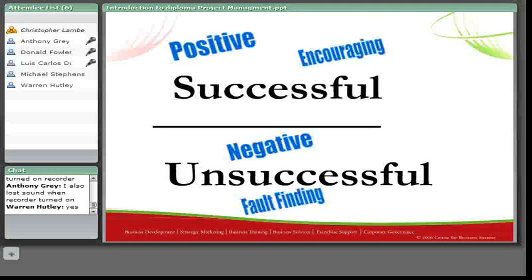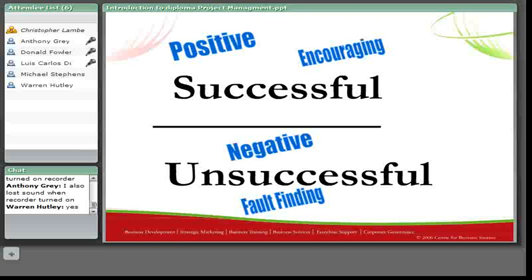So there are 2 ways to look at life. You can look at it successfully by finding ways and encouraging one another. This time is always difficult because investing in training is always difficult. It's going to be a bit stressful. It's going to take time, and it's going to put you, your colleagues and all of us under some sort of pressure. So we need to look at things in an encouraging, positive way.